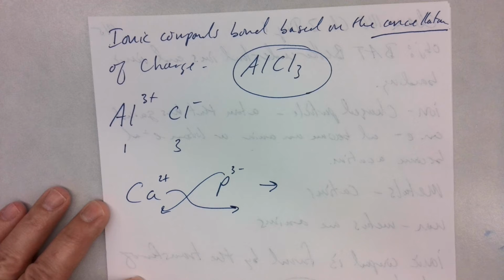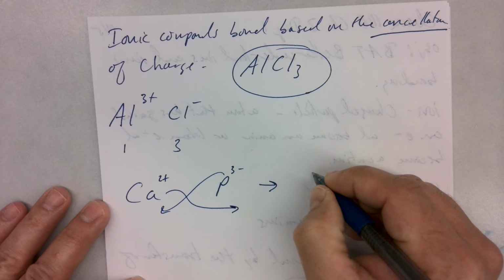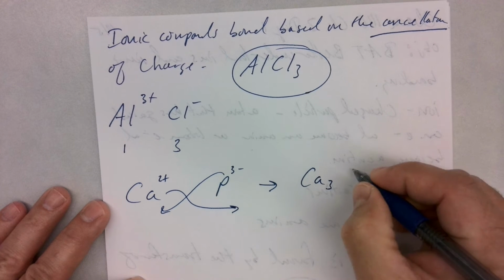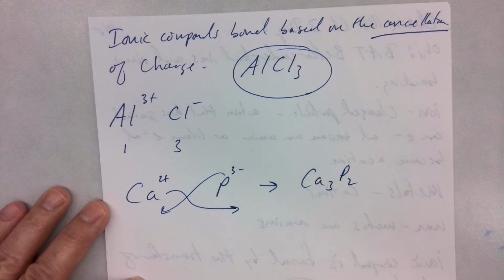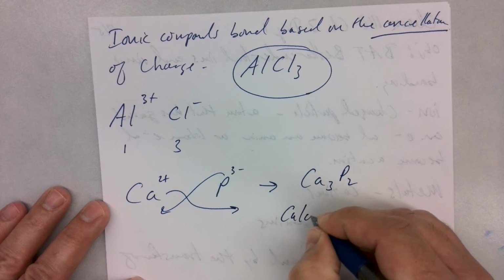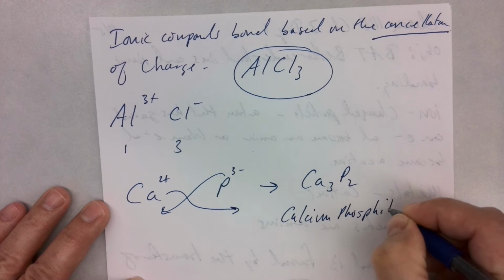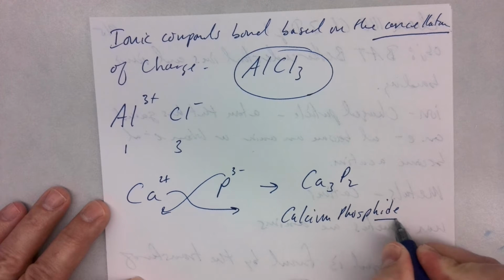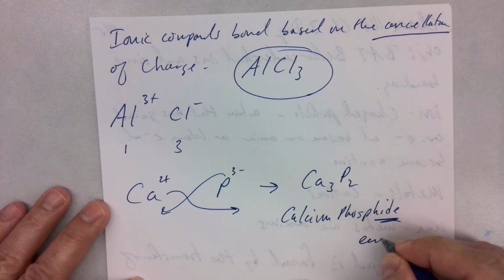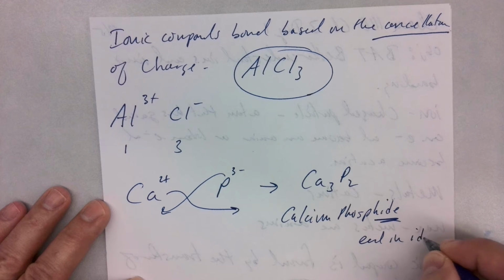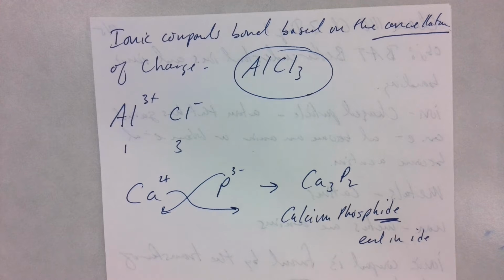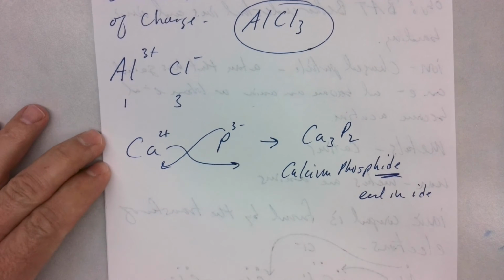Nobody can do that? Ca3P2, and this would be called calcium phosphide. Notice all anions end in "ide." Always the second one.